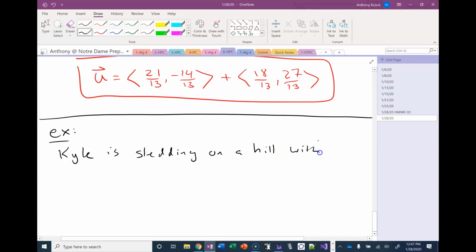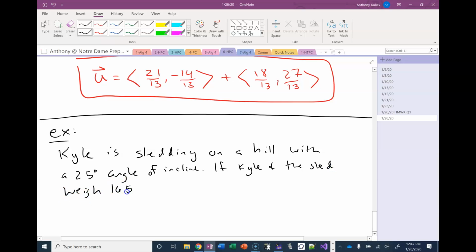And that hill has an angle of incline of 25 degrees. Says if Kyle and his sled weigh 165 pounds, what amount of force is sliding down the hill?